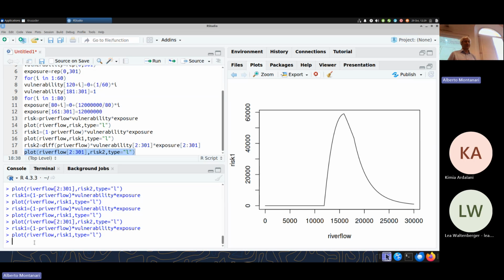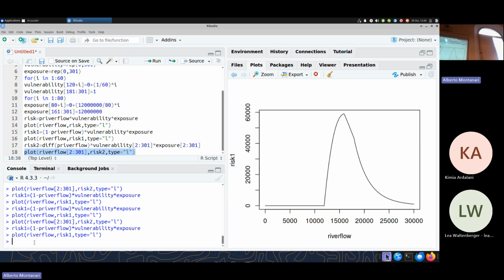Let's refer to the situation that I get from this graph. This graph refers to the probability of exceedance. This means that every year, for a river flow of, let me just see the max, 15,000.